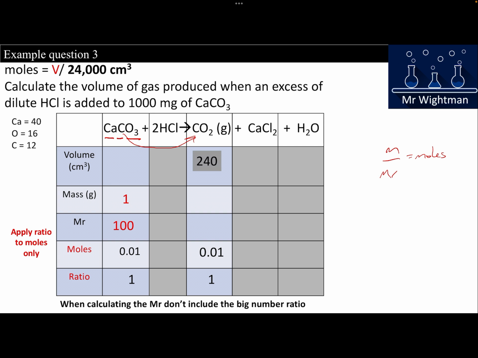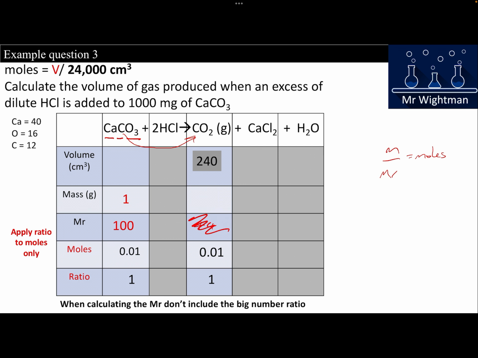I don't need to know the Mr of CO2, but if you were, that would be 44. Some people do this but not realising what they do next. I don't need to use that because in this question I'm needing to work out volume, not mass.